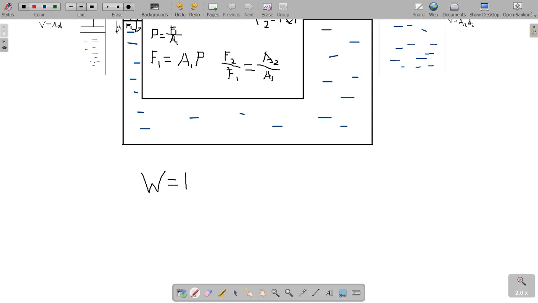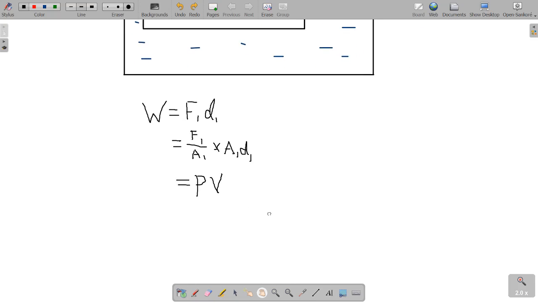The work done is F1 D1 on this side, which is equal to P times A1 D1, which is equal to PV, the pressure times the volume. Then here you use the equations.